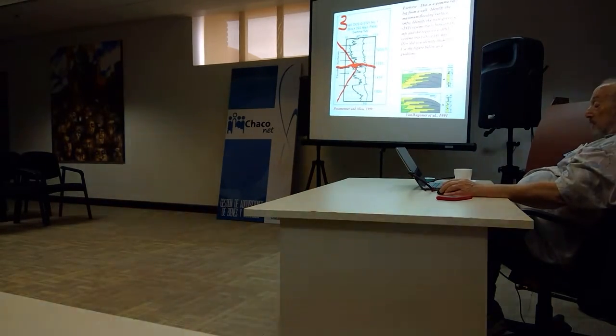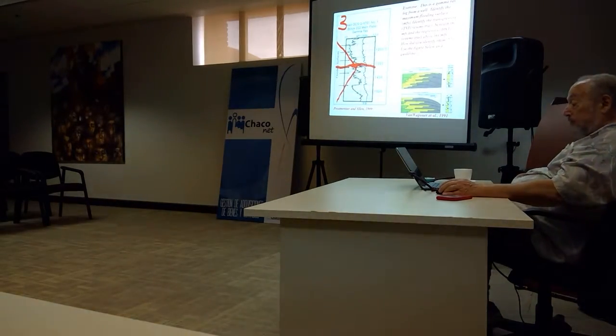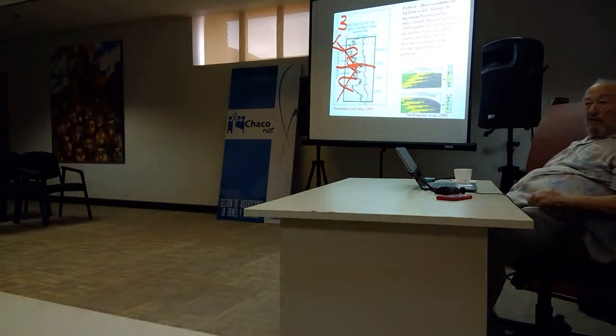Then at the fourth order scale, our sea level curve would look something like this, going like that, superimposed on that third order scale.